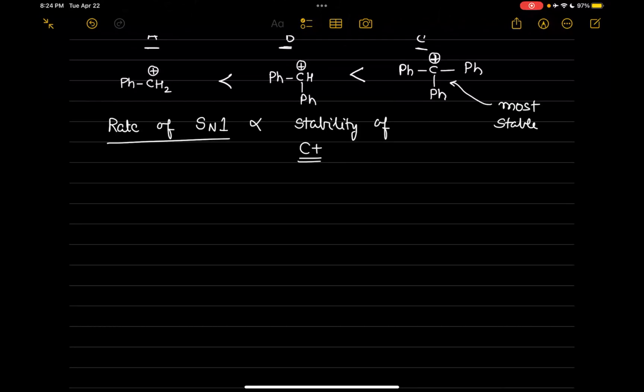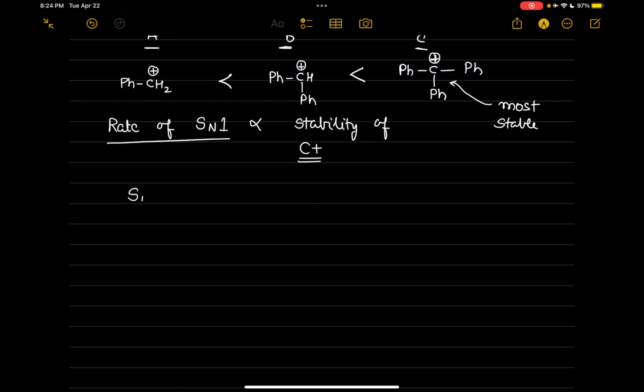Next is your stereochemistry. In SN2, if you remember, inversion was happening because the group was coming directly and in one step you were doing all the things. So the nucleophile was coming from the backside.